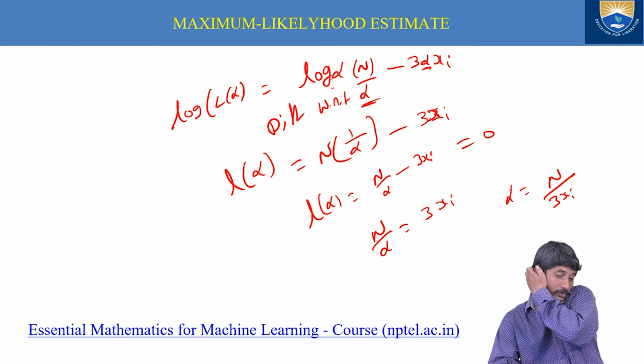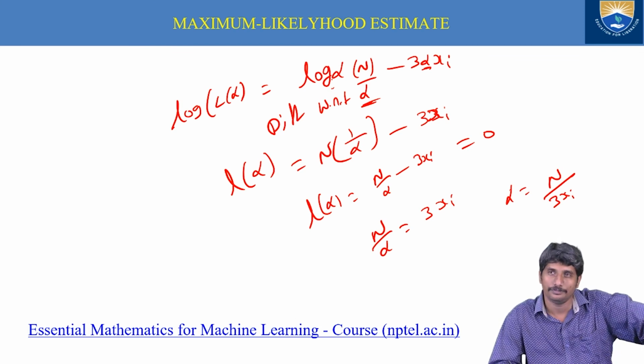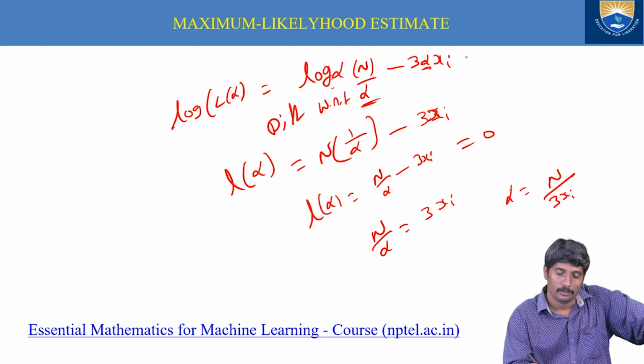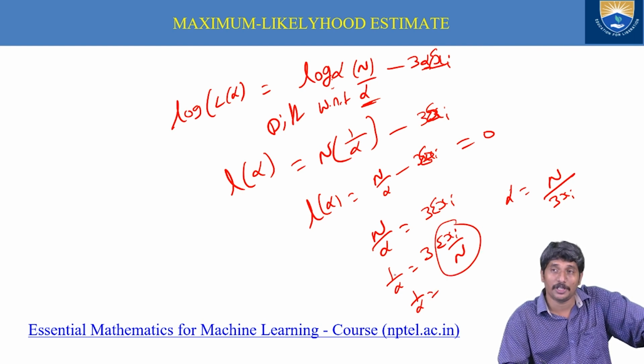Here we forgot the summation. Summation xi means summation xi. Then 1 by alpha is equal to 3 into summation xi by n. The sum of all observations by the number of observations becomes x bar.